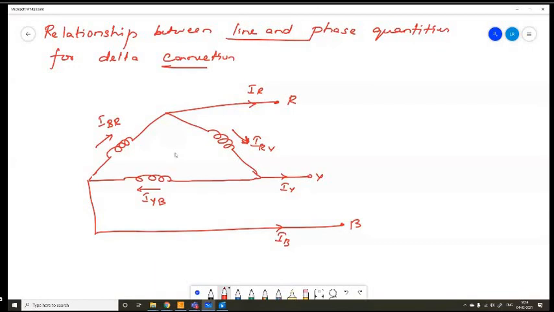So here the neutral point is not available directly.